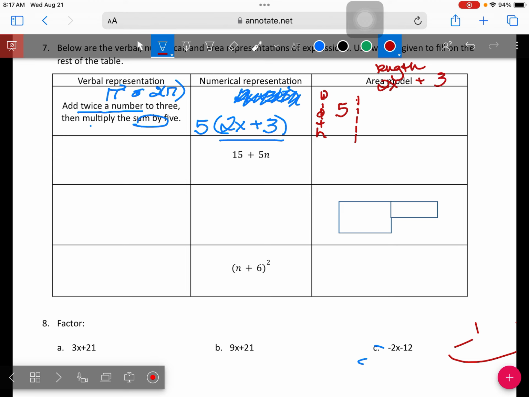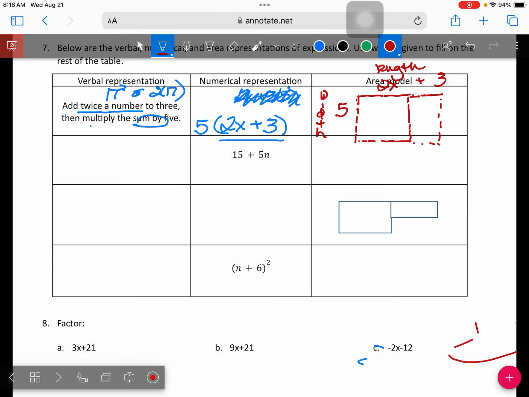Now, how long is x? We don't know. We just have to show 2 lengths of it. So maybe that's x. There's 2x. Okay? So I bring this down like this. And then 3. Well, if that's 5, 3 has to be a little bit shorter than that. And that also comes down here.